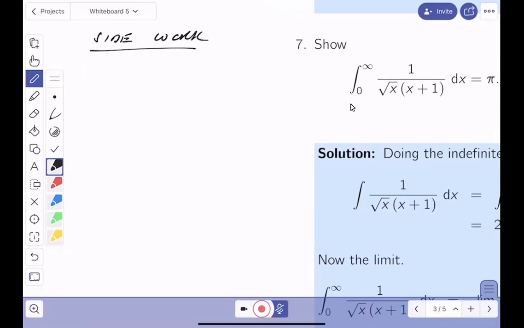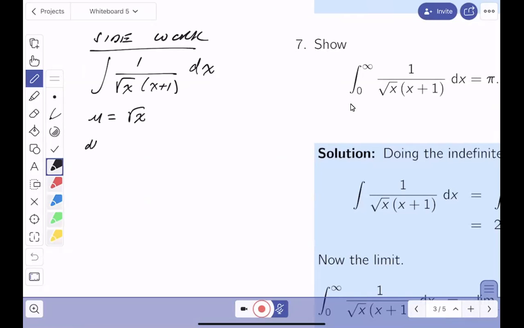My side work is just going to be, could I integrate this guy? I don't know, I'm going to try something. I'm going to try u equal root x. Give it a shot. If it doesn't work, it doesn't work. No time lost.